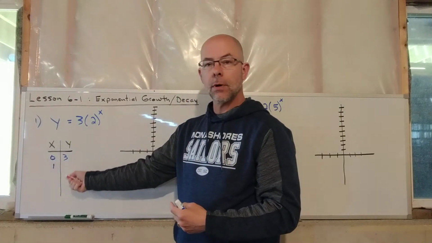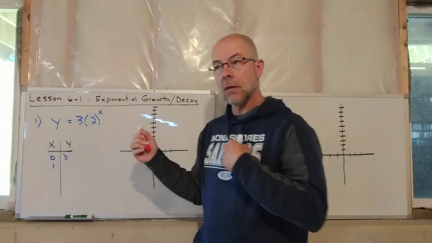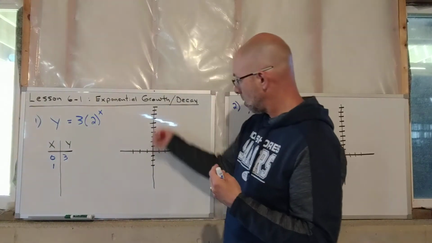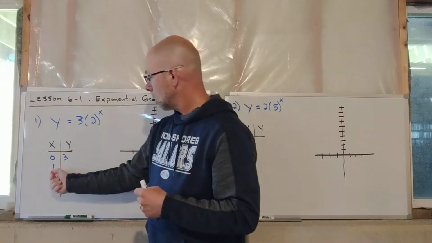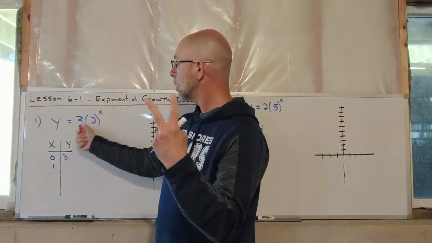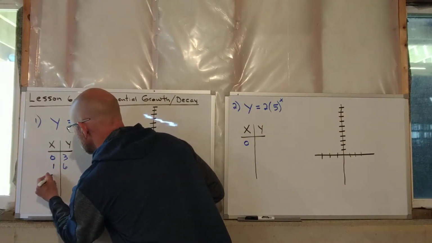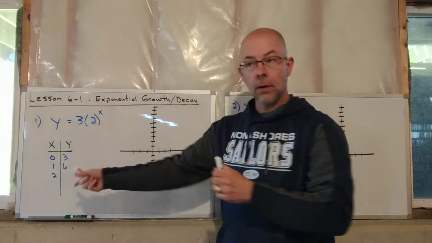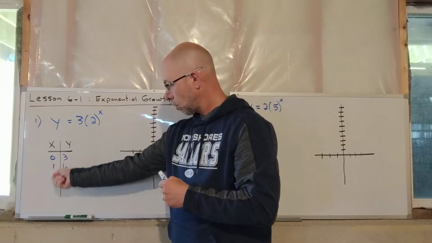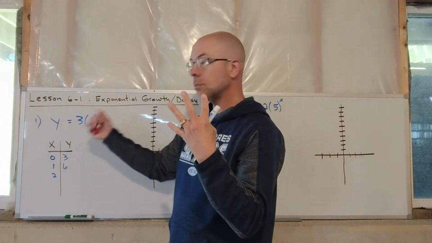We're shooting for a number in this column to be somewhere in the neighborhood of 10 so that we can graph it easily. I scaled this 10 high just in case. So if I put the 1 right there, 2 to the first power is 2. 3 times 2 is 6. So I'll go another number, 2. 2 to the second power is 4, times 3 is 12.